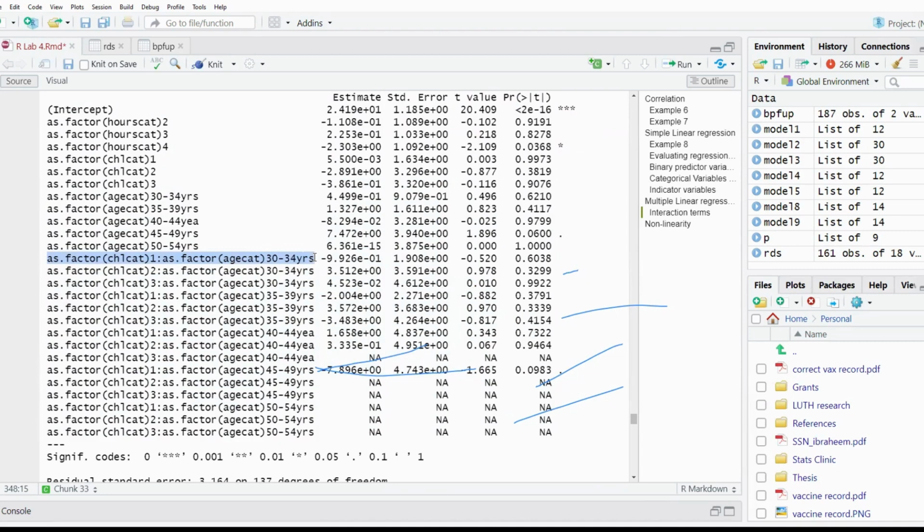So if you take it to a 2x2 setting, where you were looking at a model of female versus male and adult versus child, right? That's simplifying it to make it easy to understand. In the initial model, we would have had one beta estimate for adult versus child, one beta estimate for female versus male.